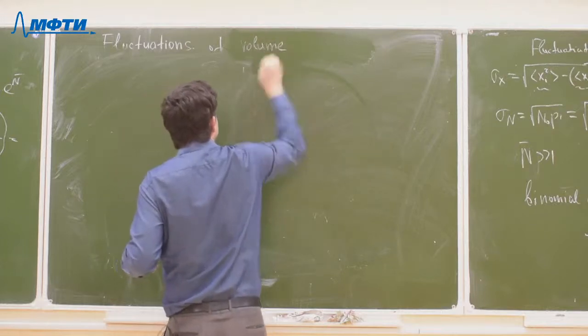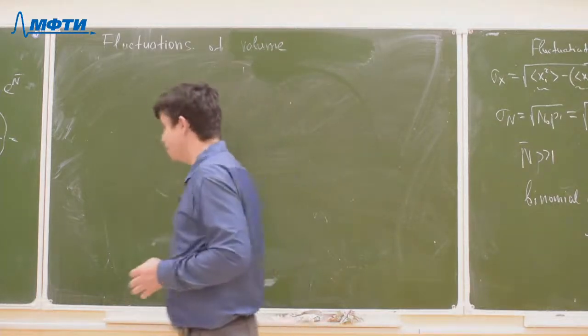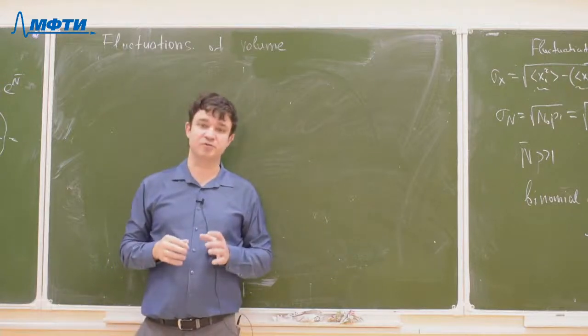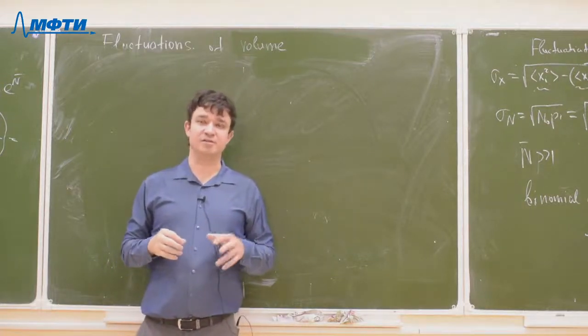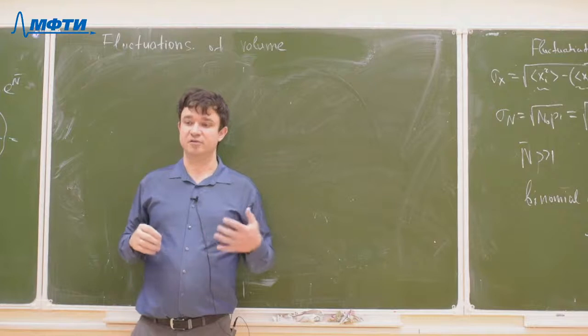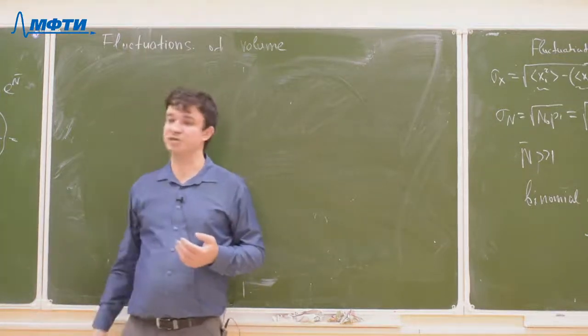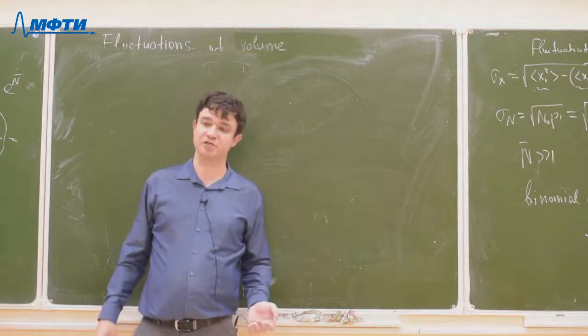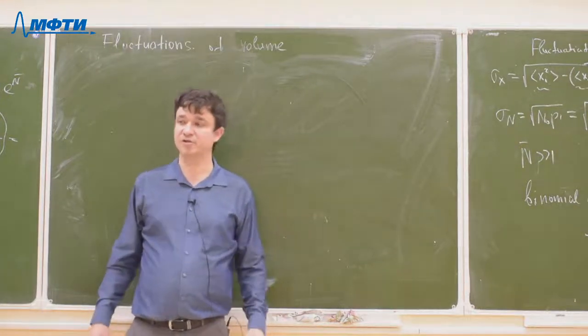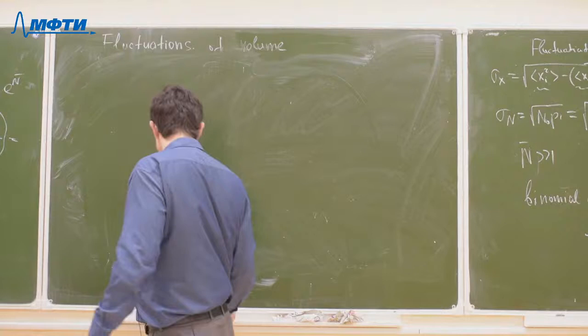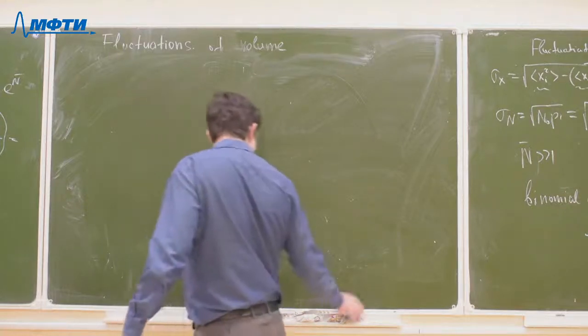First, I would like to make some disclaimer. The discussion about fluctuations of volume would be done somewhat tentatively. So it would not be as rigorous as a discussion about the fluctuations of number of particles or fluctuations of energy. It would be quite tentative, but nevertheless, the final result will be correct.